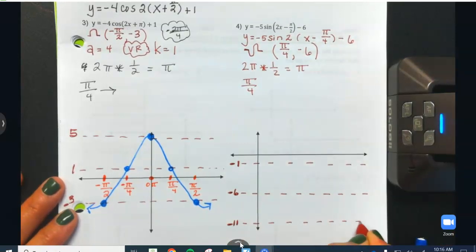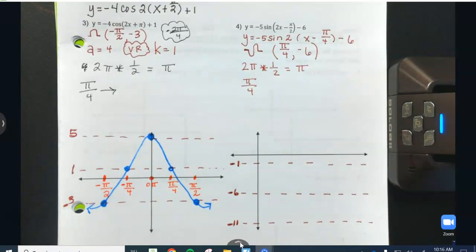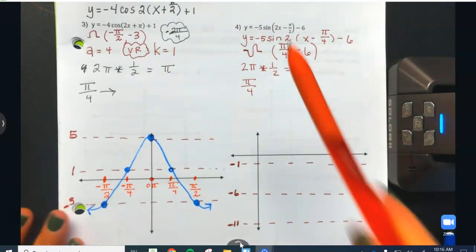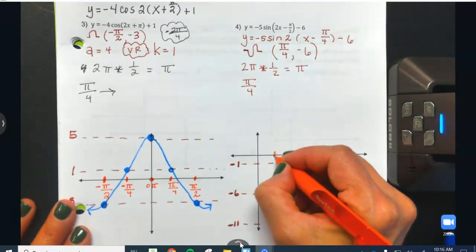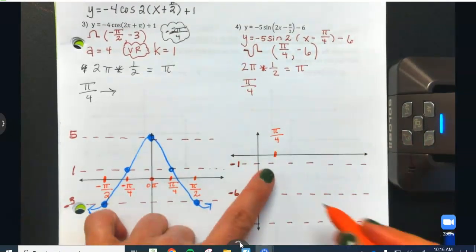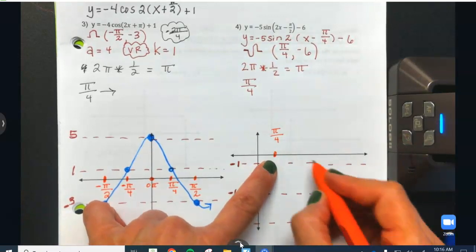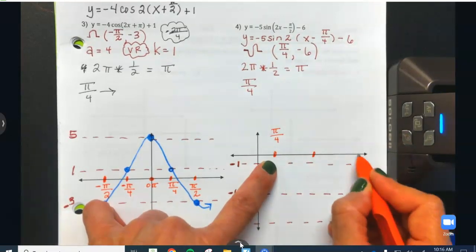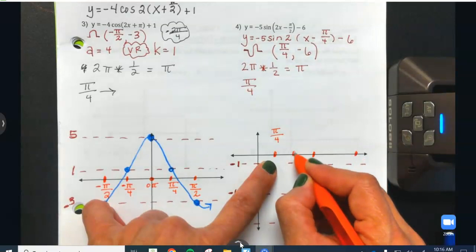All right, let's do our tick marks on the x-axis. Remember, we're going to start with pi over 4. And everything's going to be on the positive side, so I'm going to space out my tick marks the best I can.